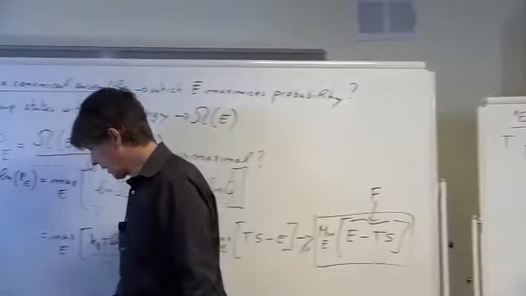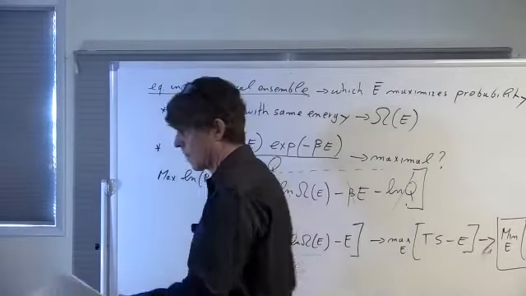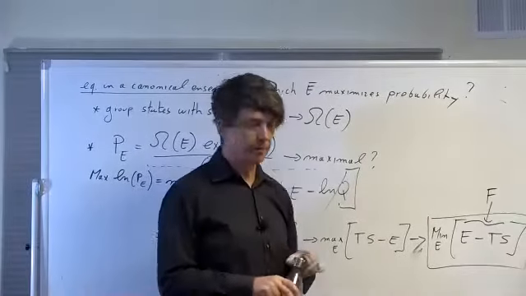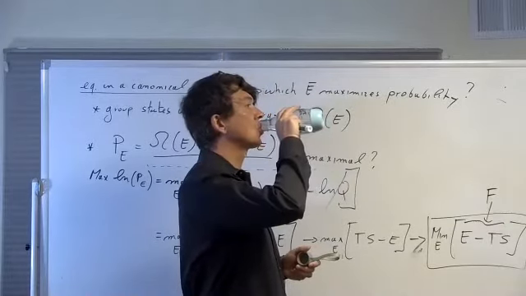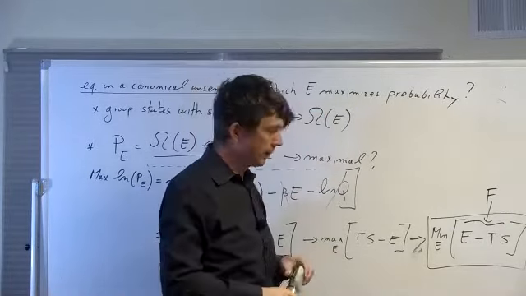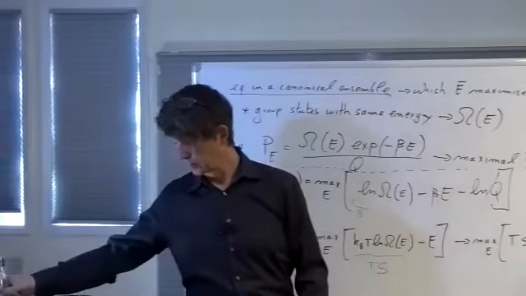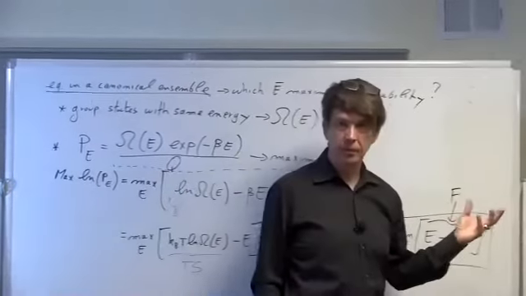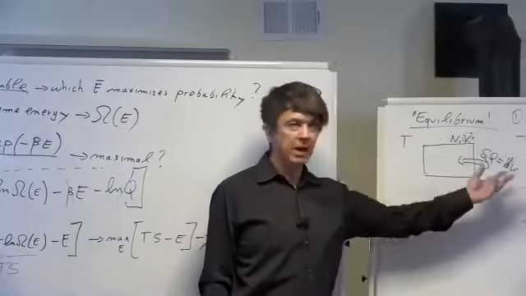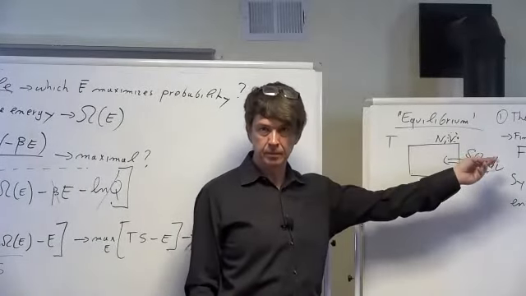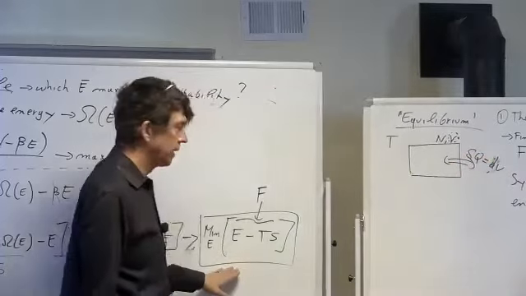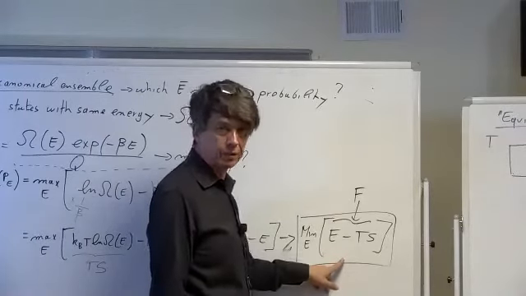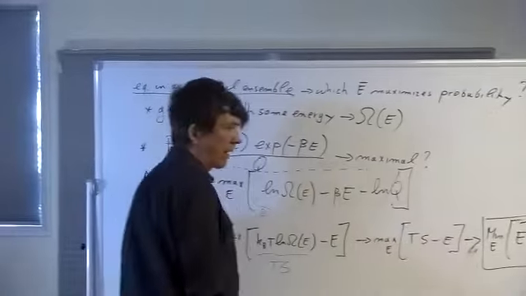Let's let that sink in for a second. To restate what we've actually proven: the energy that in classical thermodynamics minimizes the Helmholtz free energy, as you can see here, is the energy that has the maximal probability to occur.